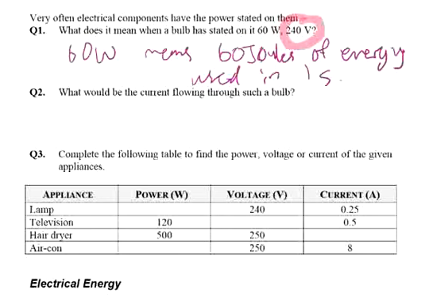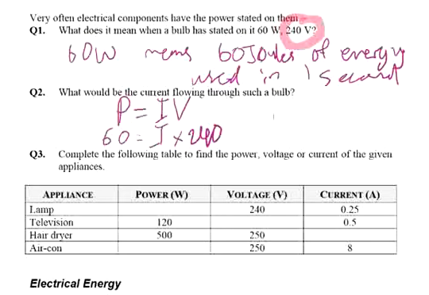Okay, what will be the current flowing through such a bulb? You use the formula P is equal to IV. The power is 60. The voltage is 240. Okay, so the current will be something ampere. So it is 60 divided by 240. 1 over 4 is 0.25.